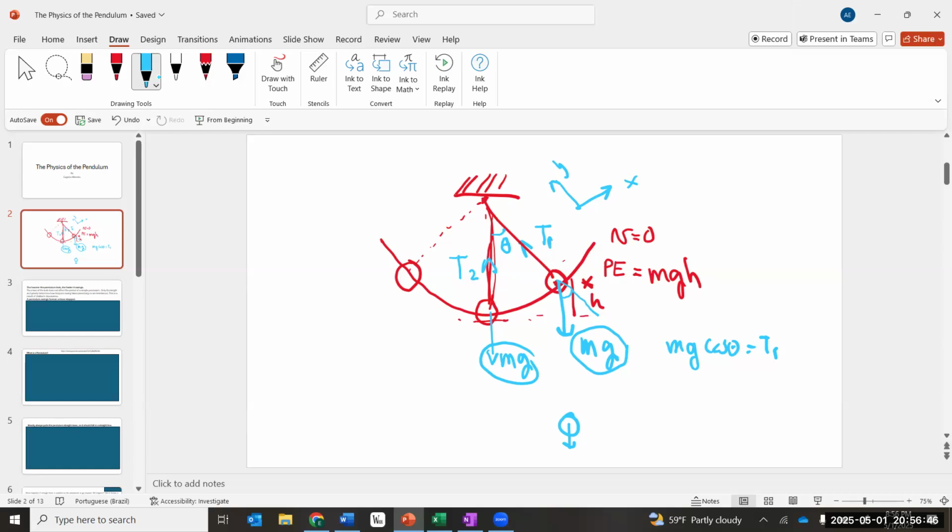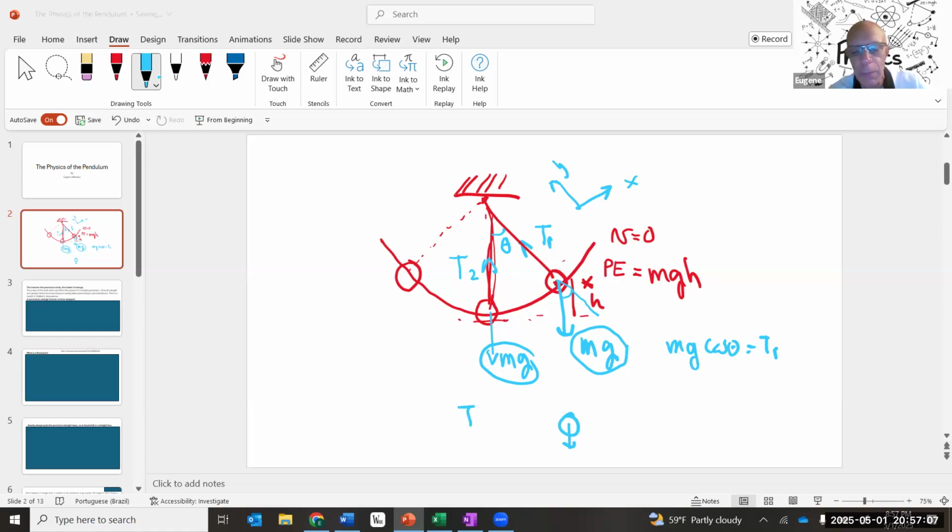It's less. If the angle is 0, then cosine is 1. That's the maximum value it can have. But if it's not 0, it's going to be less. So here at this point, T2 is actually equal to mg.